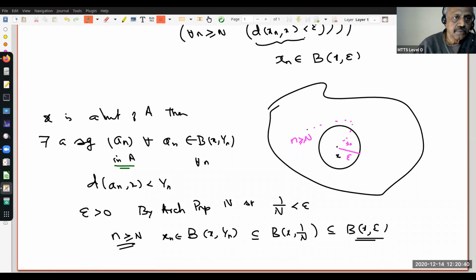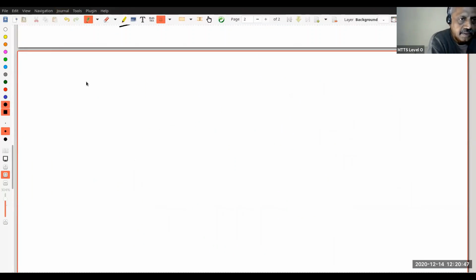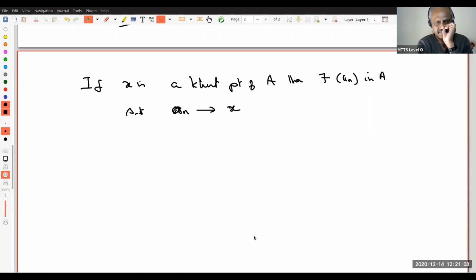So what we have shown is, if x is a limit point of A, then there exists a sequence a_n in A such that a_n converges to x. Okay, pause, review, proceed.